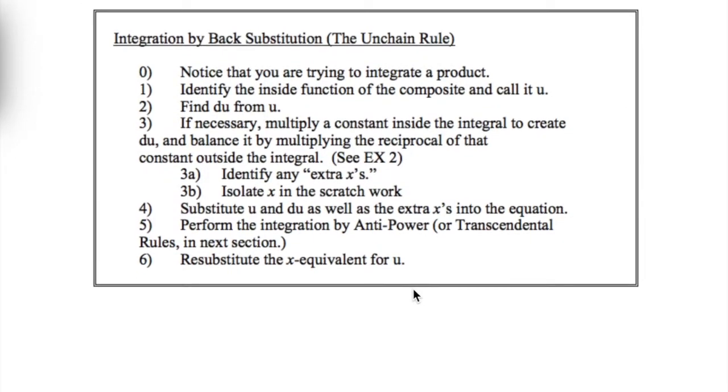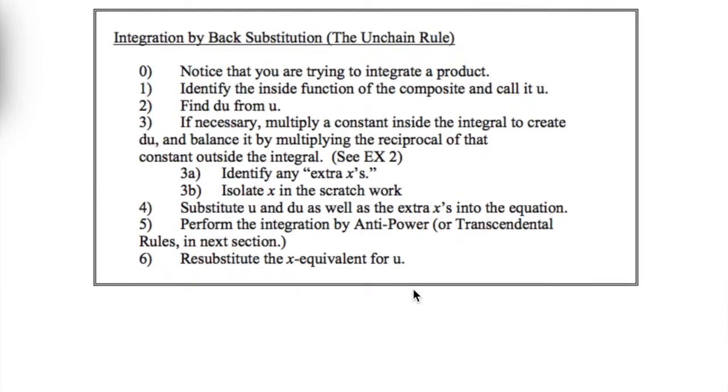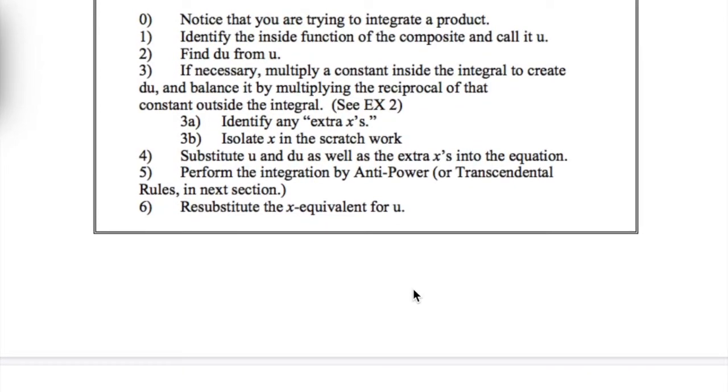The first part of step 3 would be to identify any extra x's, and then after you identify those, to isolate them in the extra scratch work. And so after you do that, you head to step 4, which is to substitute u and du as well as the extra x's into the equation, and then perform your integration by the anti-power or the transcendental rules, and then resubstitute x back in for u.